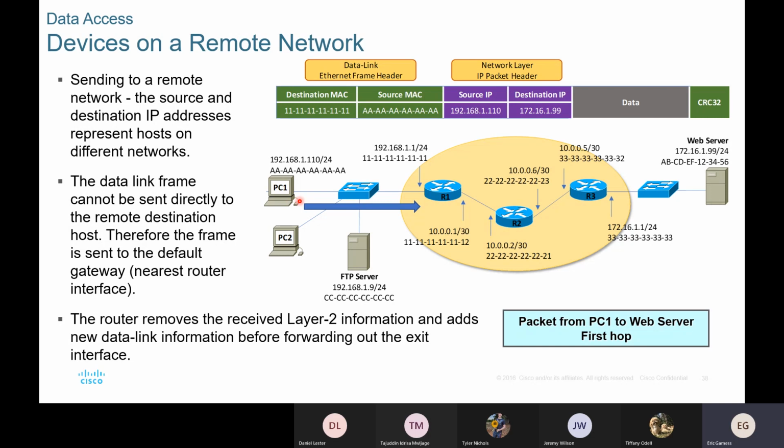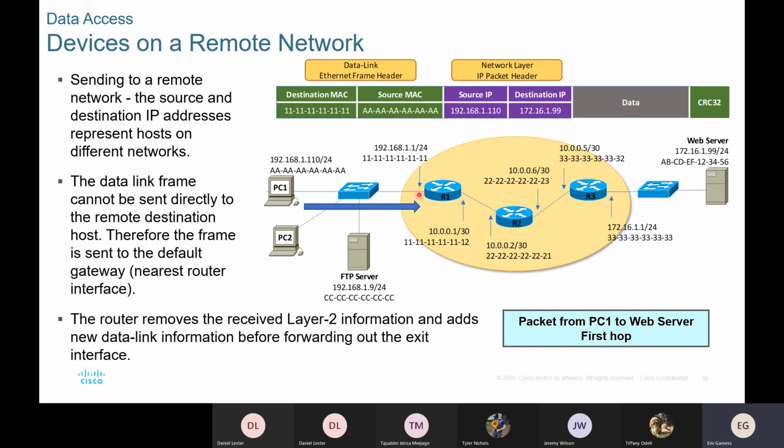And its routing table will say, oh, the web server is not in the local area network. So since it's not in the same network where I am, PC1 has to send the packet to its default gateway. And the default gateway of PC1 will be this IP address, 192.168.1.1, which is the IP address that R1 has in this interface.